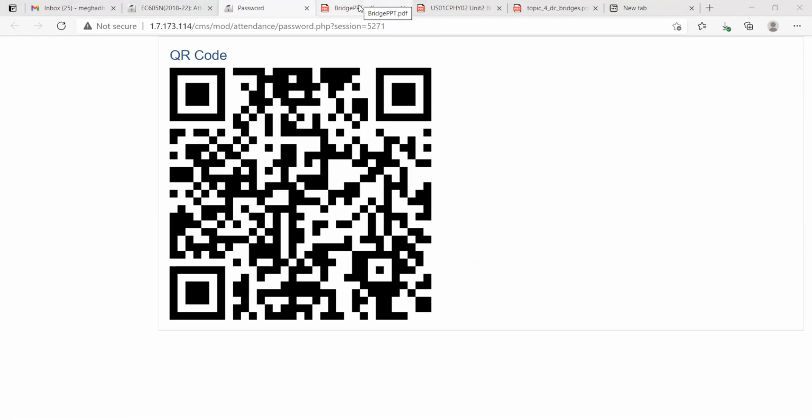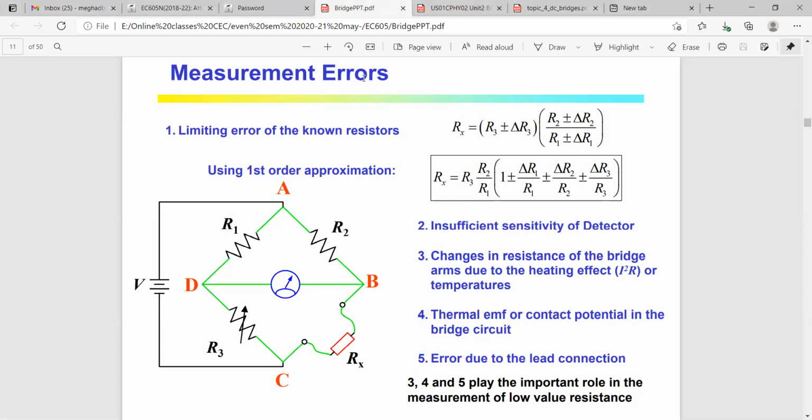Okay, so in yesterday's class, I discussed with you the Wheatstone bridge, and I also told you about the limiting error of the Wheatstone bridge. These are the limiting error formulas of the Wheatstone bridge. And I told you that the Wheatstone bridge has some limitations: insufficient sensitivity of the null detector, thermal EMF, leads and wears, error due to lead connection, and changes in resistance of the bridge.